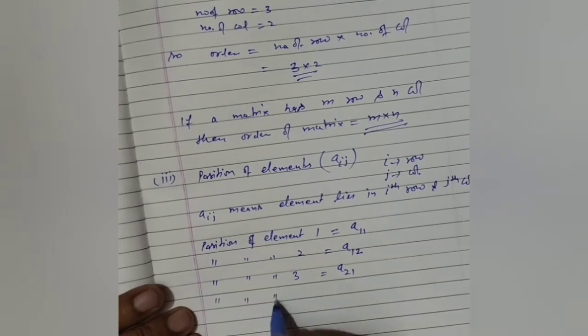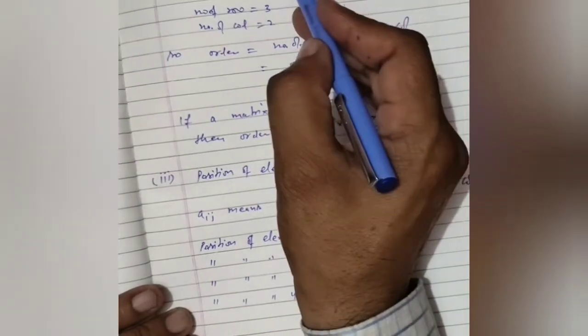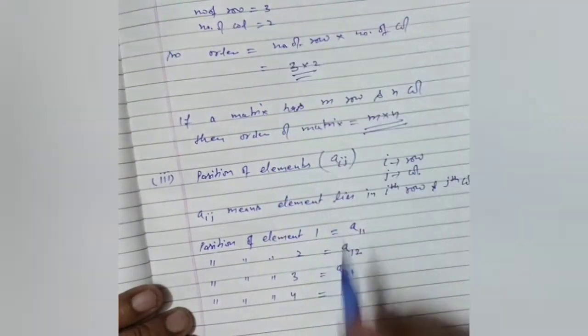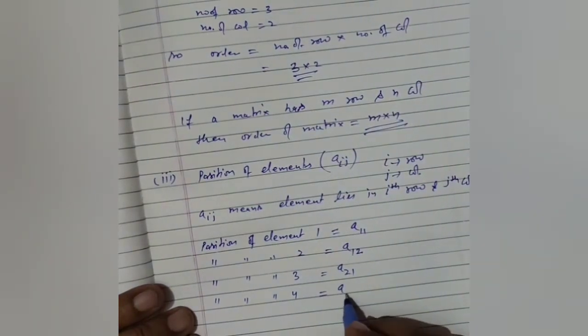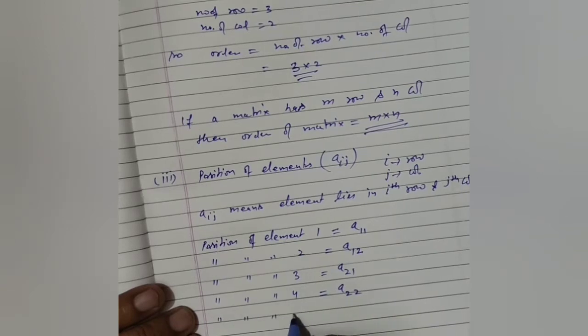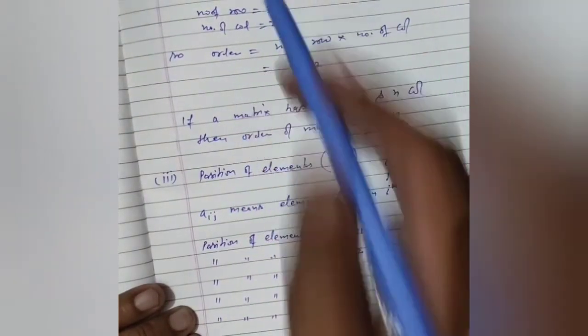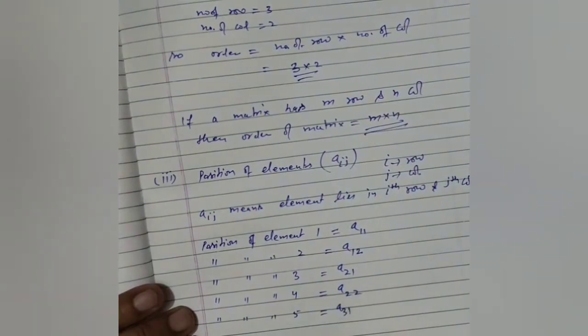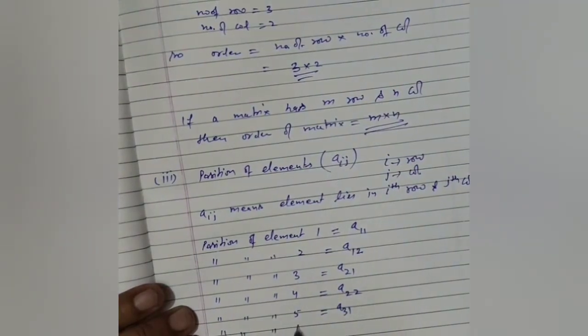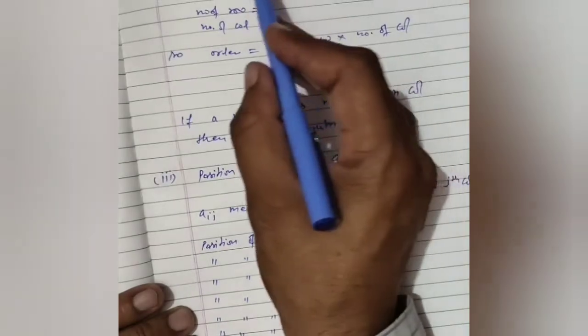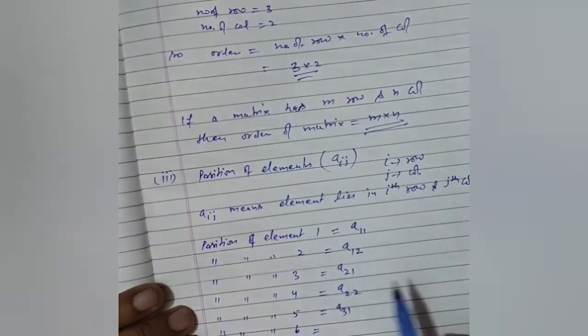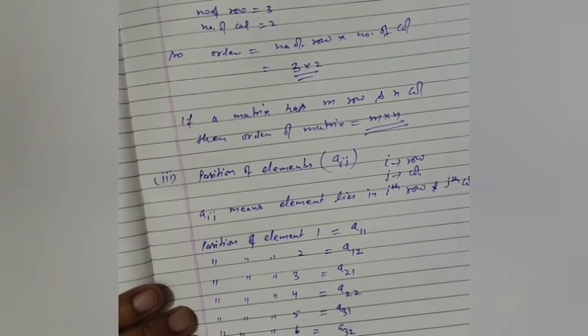Position of element 4 lies in the second row and second column, so its position is A22. Position of element 5 lies in the third row and first column, so its position is A31. Position of element 6 lies in the third row and second column, so its position is A32.